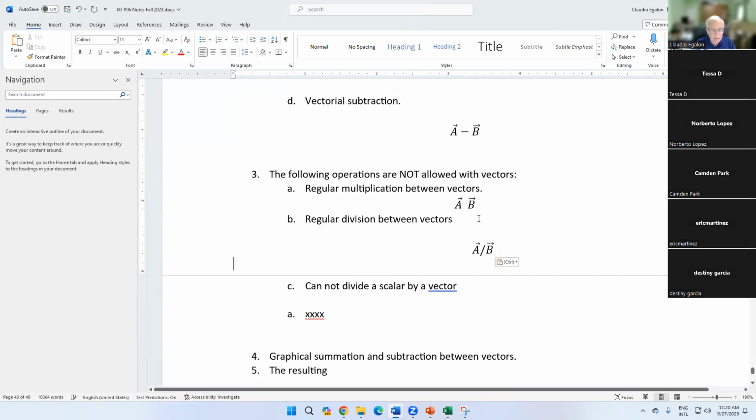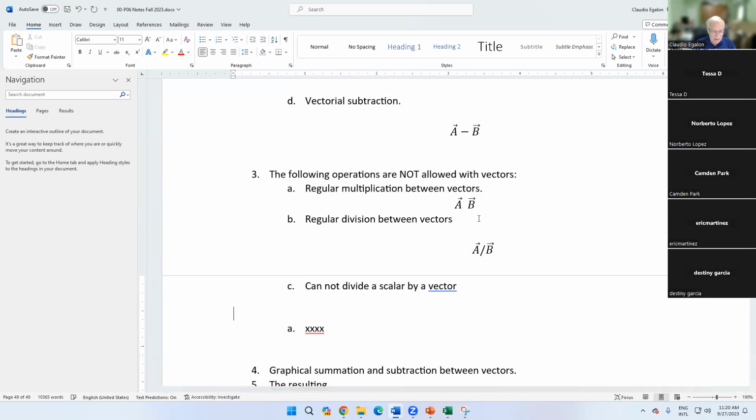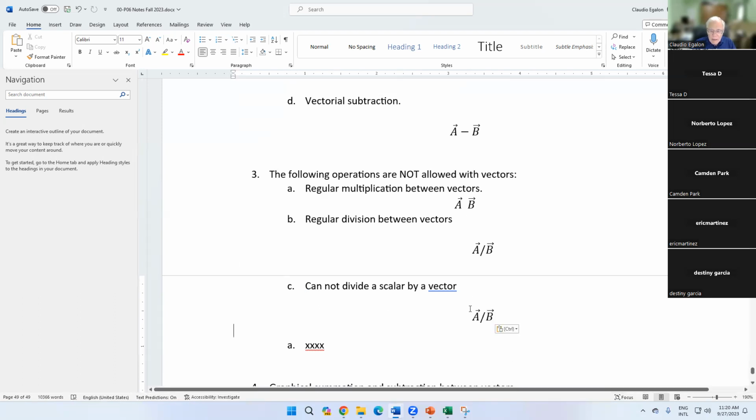Okay, now I finally got it. Something like that cannot be done: a scalar divided by a vector.